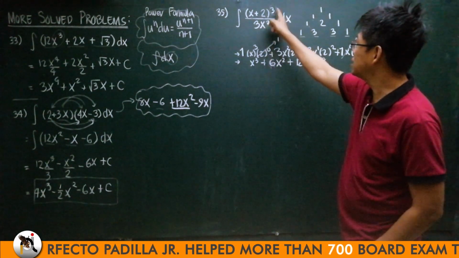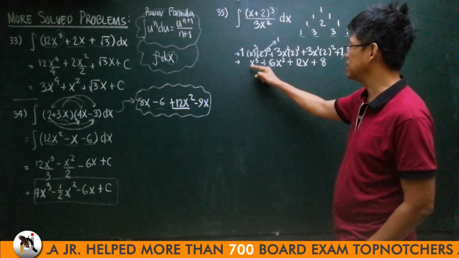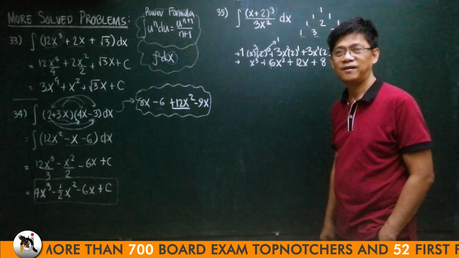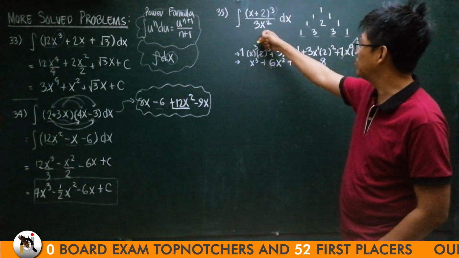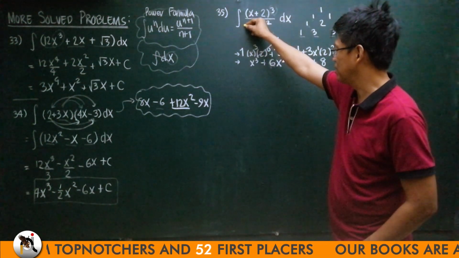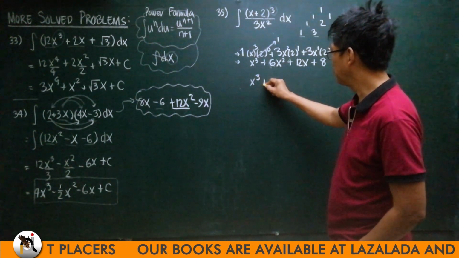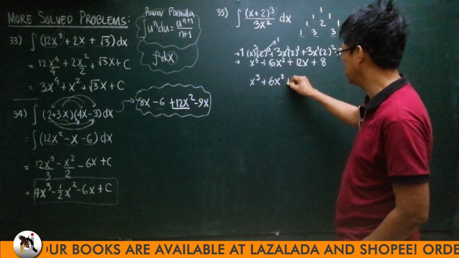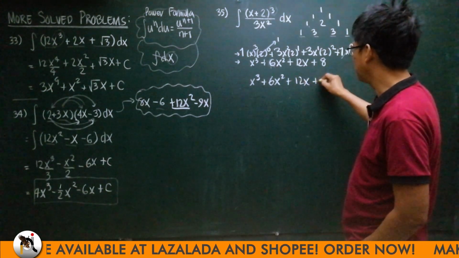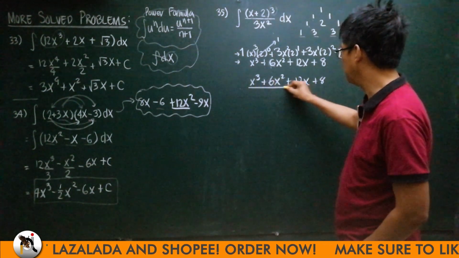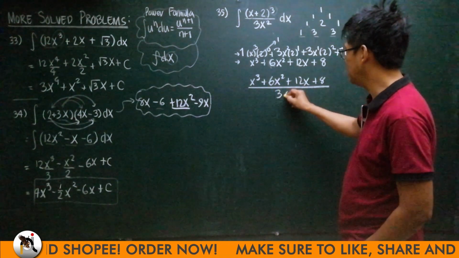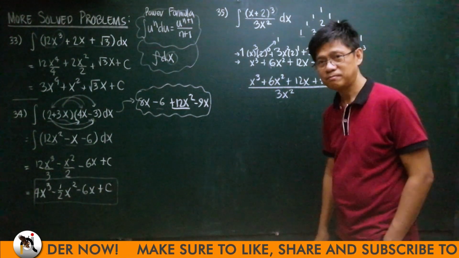So this expression is the same as this one, okay? So dividing this now by 3x squared, let me write it here. So you have x cubed plus 6x squared plus 12x plus 8 divided by 3x squared.